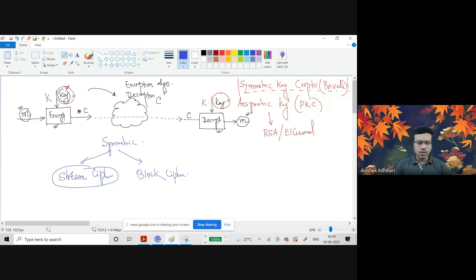The name suggests that some stream is there. In a stream cipher the keys come in the form of a stream, like a stream of water. That's why the name stream cipher came into the picture.